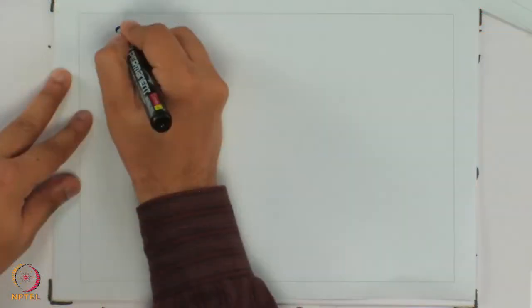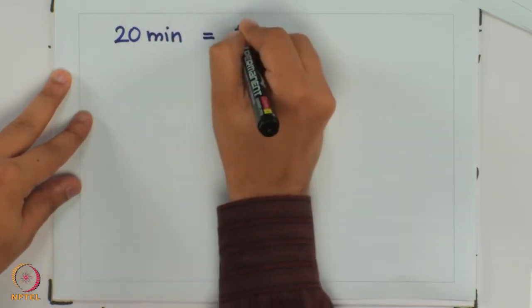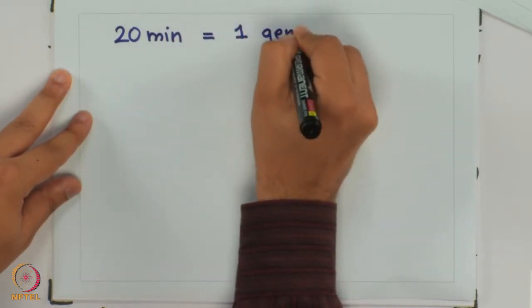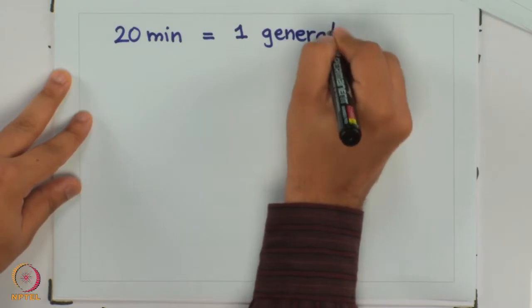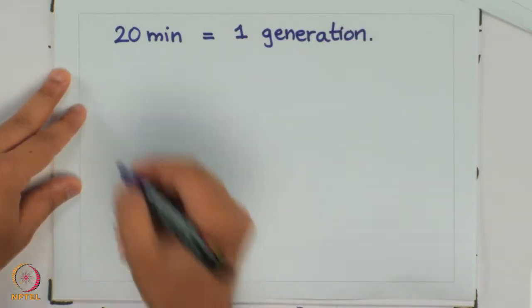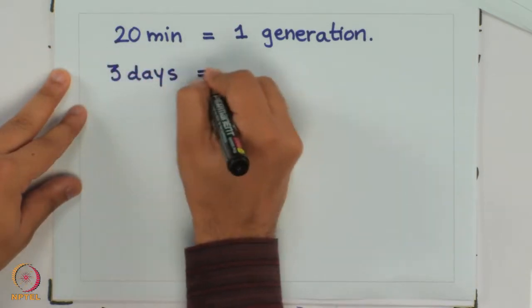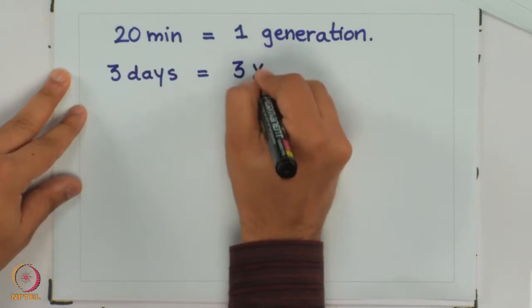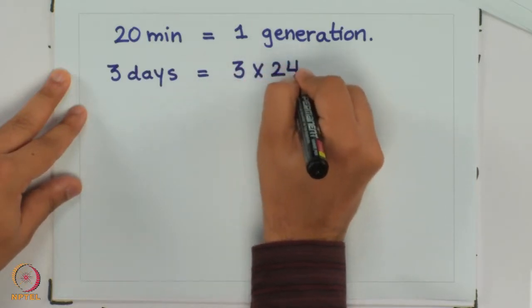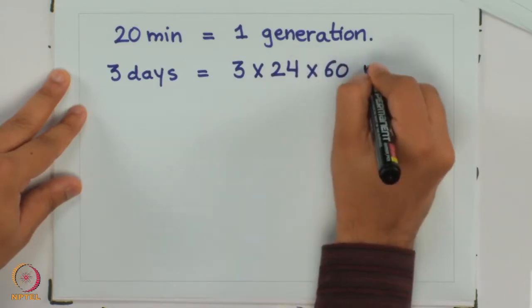So we know that one generation is equal to 20 minutes. So in 20 minutes, we have one generation. And what we are interested in finding out is how many generations pass in 3 days. Right? So 3 days is equal to number of days into number of hours in each day into number of minutes in each hour, this many minutes.